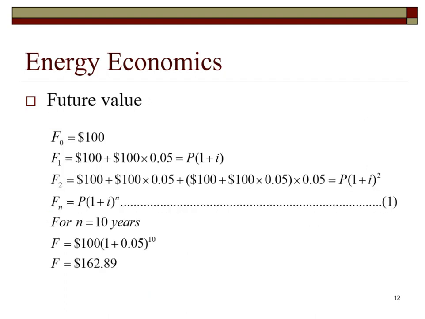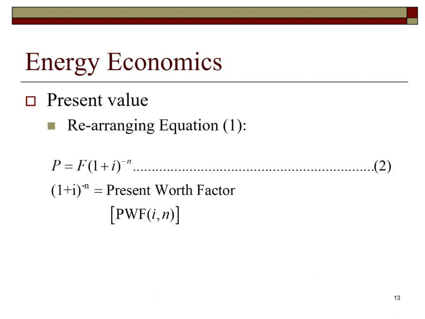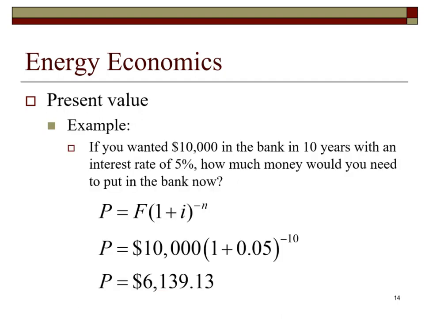Continuing on slide 12, the future value is equal to the present value times the quantity one plus the interest rate, to the nth power, where i is the interest rate and n is the number of years. We rearrange the formula to have an equation for the present value based on the future value and interest rate.